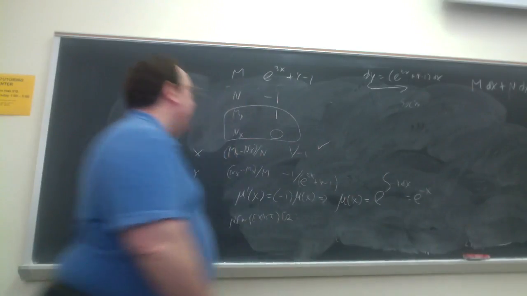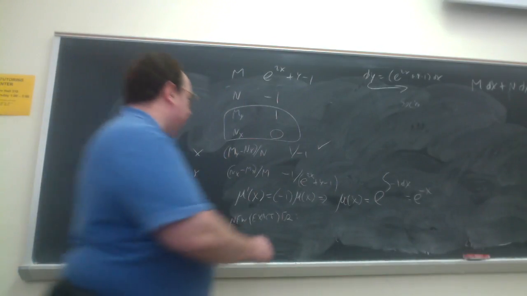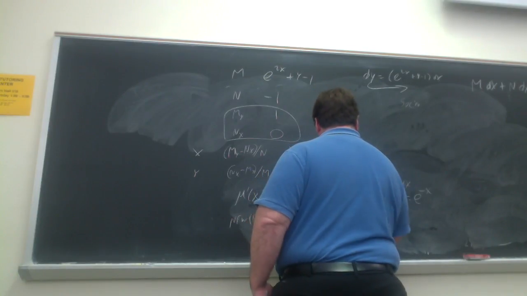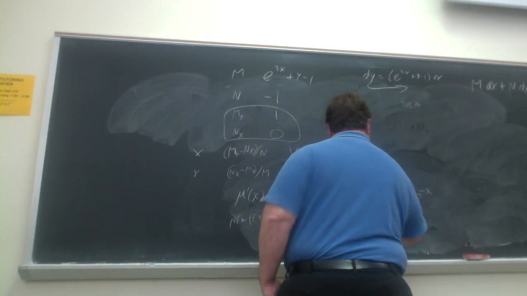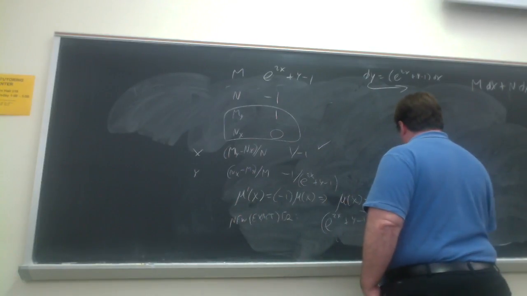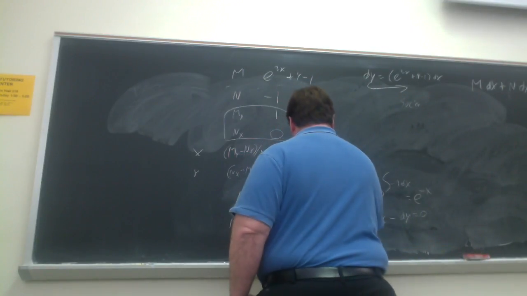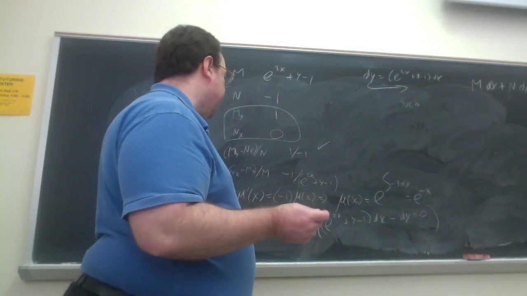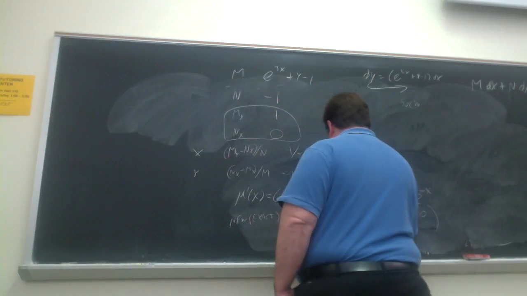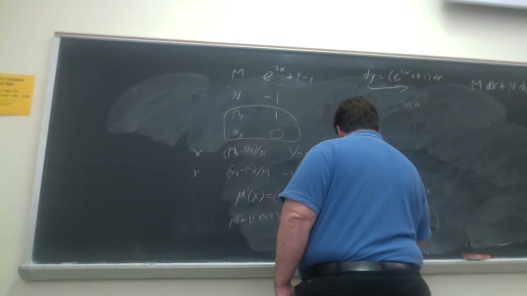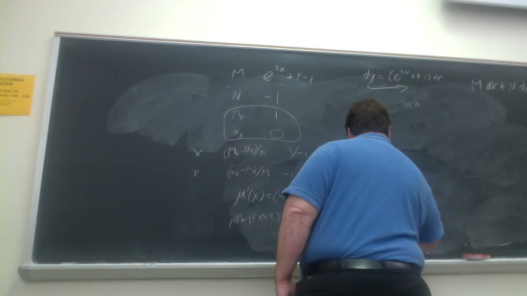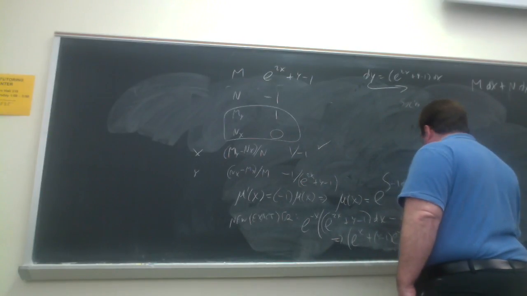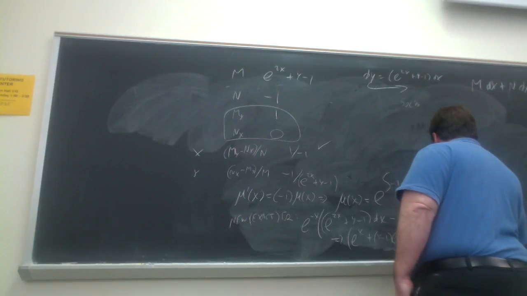Then what happens is, your old equation was e to the 2x plus y minus 1 dx minus dy is 0. Now you multiply both sides of this by e to the minus x, and what you get is a new equation: e to the x plus y minus 1, times e to the minus x, dx, minus e to the minus x dy, equals 0.